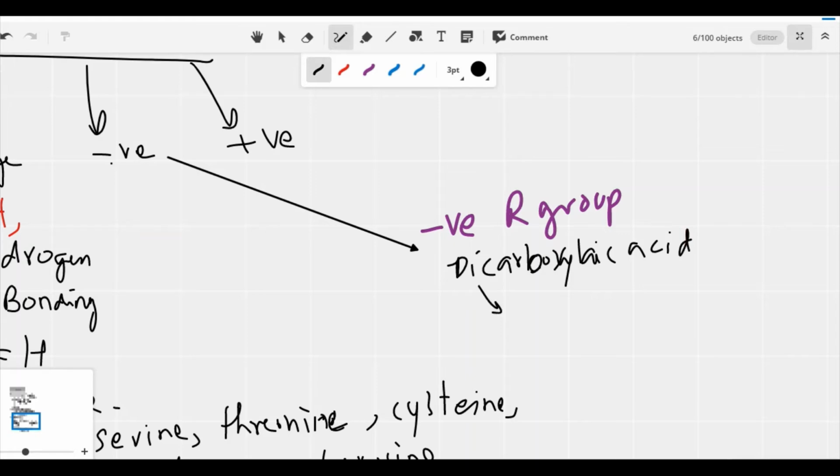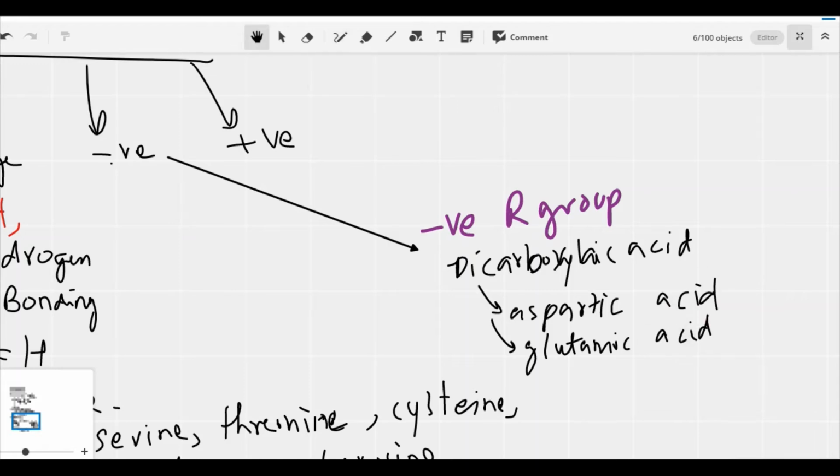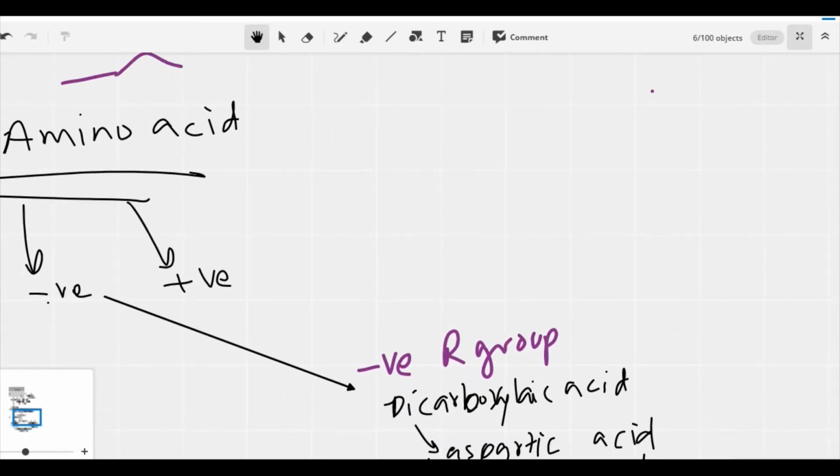We discussed the amino acids that contain an acidic group: one is aspartic acid and the other is glutamic acid, which are included in the polar with negative R group.